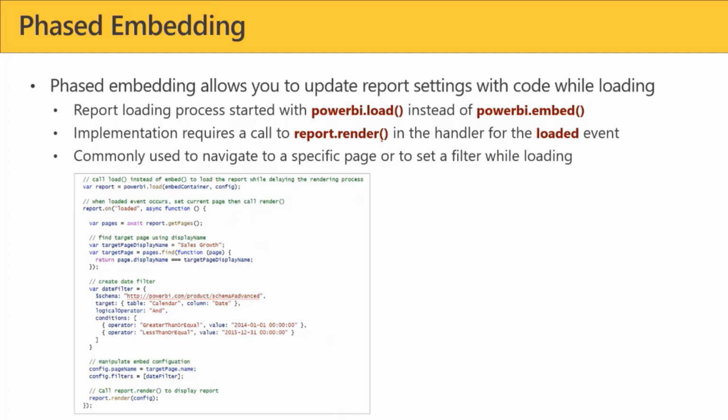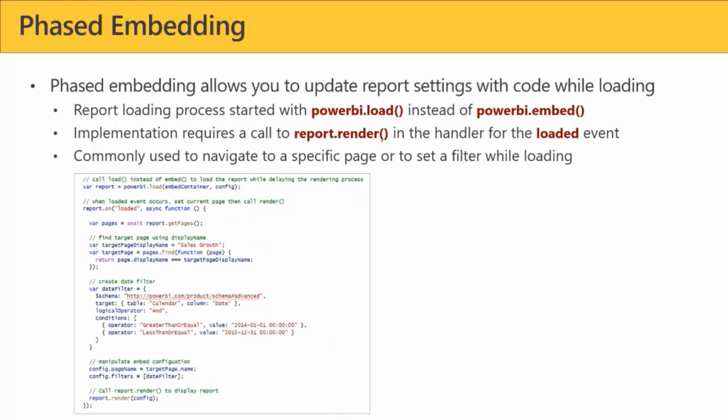So there's, for instance, code which does a lookup on a page by name and figures out, not the friendly name, what the ugly name is. And then we create some type of a filter date. And then we're going to set the configuration parameters you see at the bottom. And now we're going to call report.render. So the idea is that you do what you want and you call render, and then it starts the rendering process.